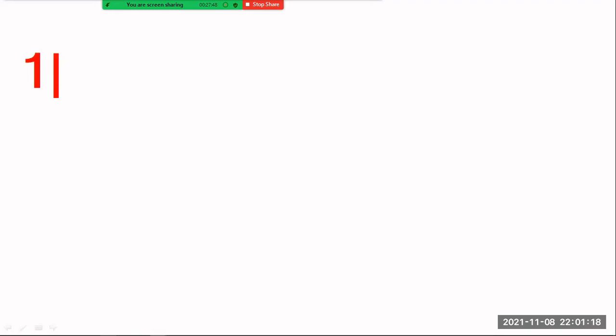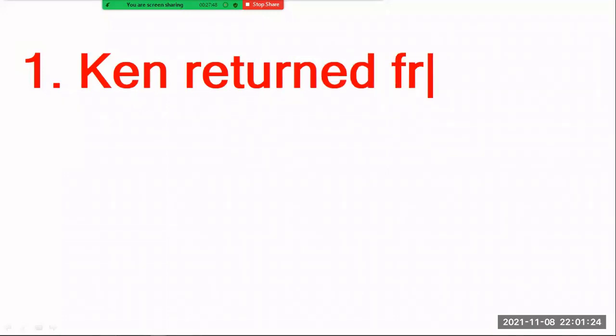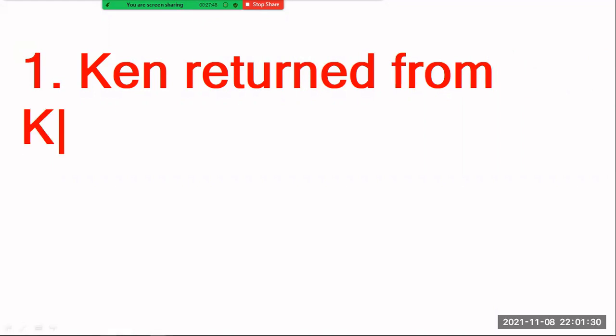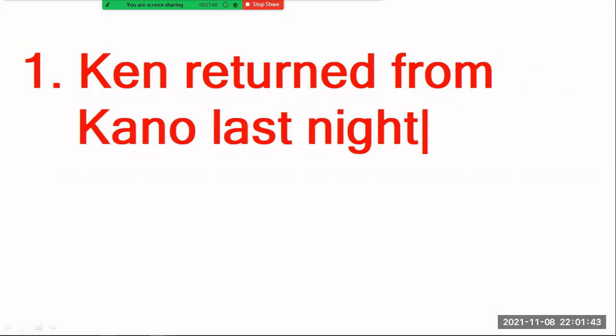And look at the sentence: Cain returned from Kano. Last night.